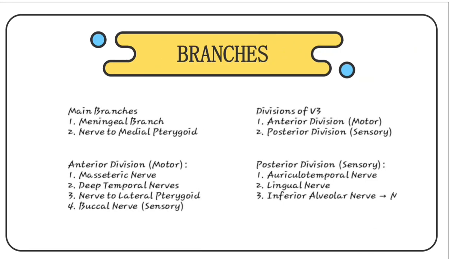Coming to the branches of the mandibular nerve, we have main branches which arise from the main trunk of the mandibular nerve. Coming to the divisions, it has anterior divisions and posterior divisions. From the anterior division we have 4 branches, and from the posterior division we have 3 branches.